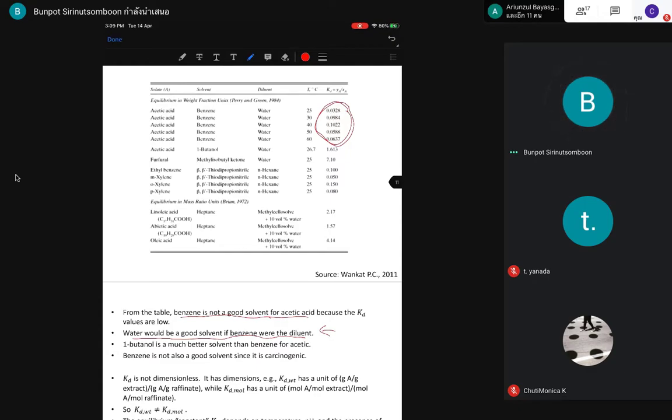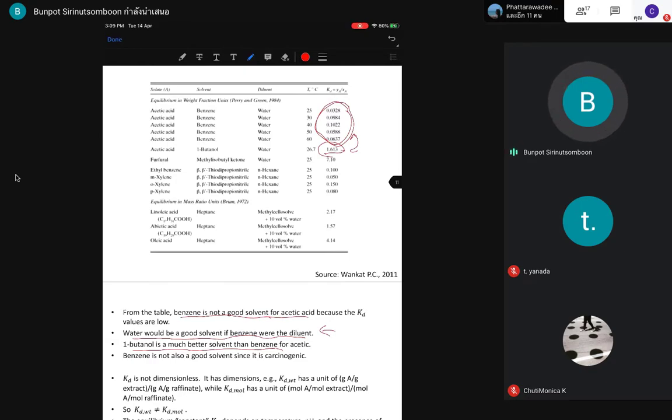And from this table you can also see that 1-butanol is a much better solvent than benzene, because when you use 1-butanol as a solvent, you get a much higher KD compared to when you use benzene.